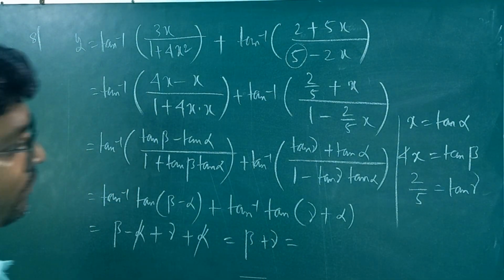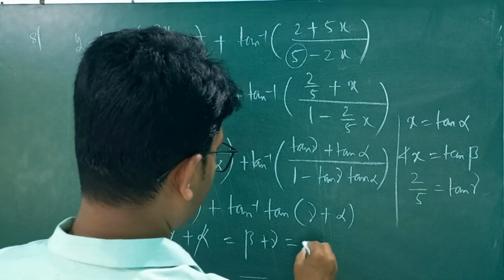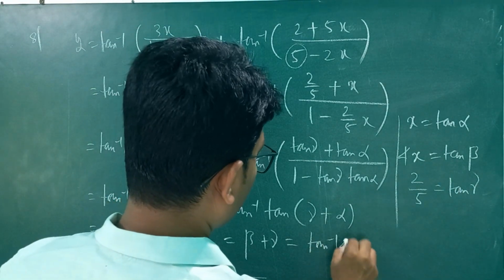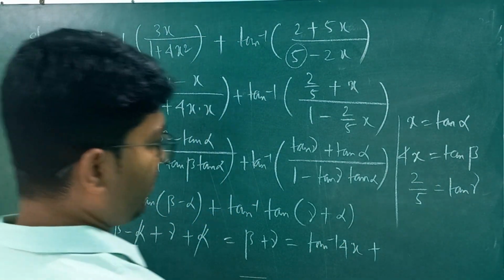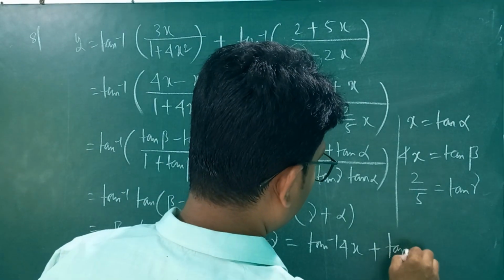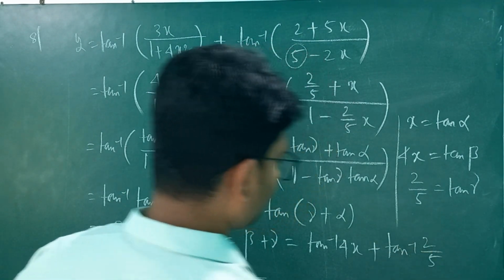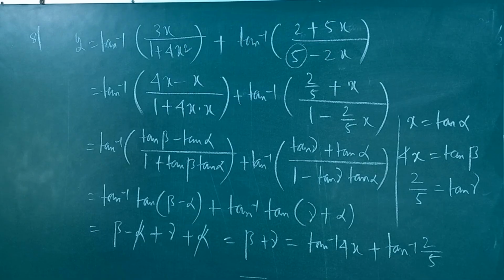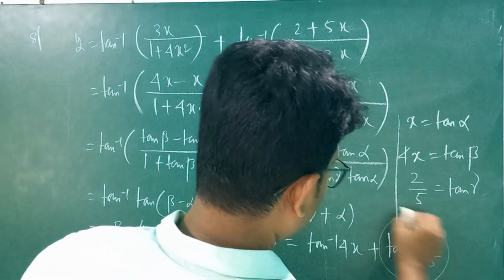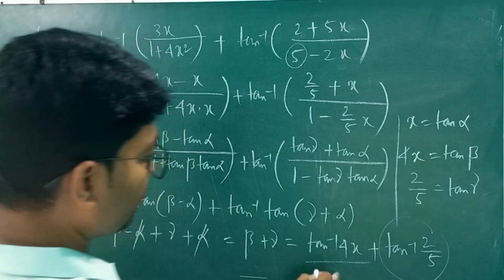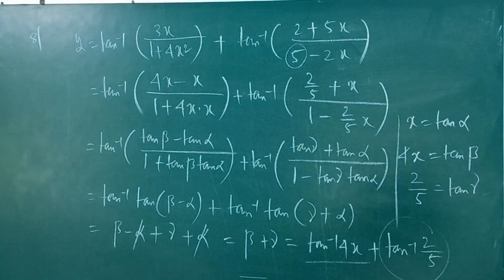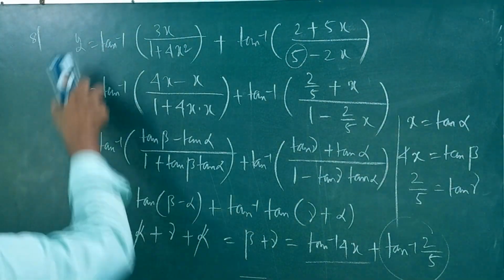What is beta? Beta means tan inverse of 4x. And what is gamma? Gamma means tan inverse of 2 by 5. Now see this one is constant. So only we have to take the derivative of tan inverse of 4x. So what will be our derivative?